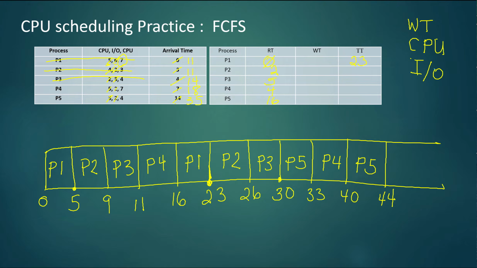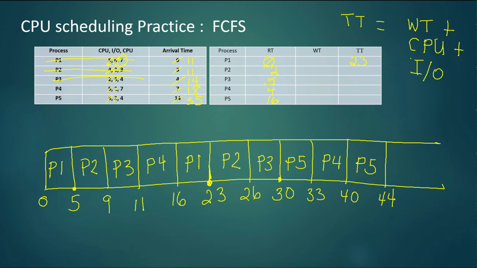So those are the 3 places where a process could be. So the turnaround time is equal to the wait time plus the CPU time plus the I/O time.